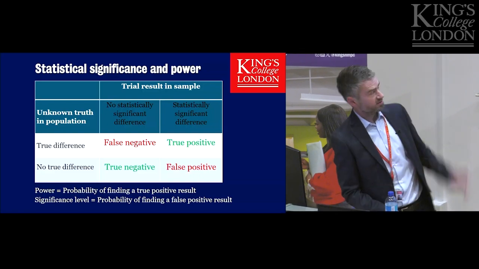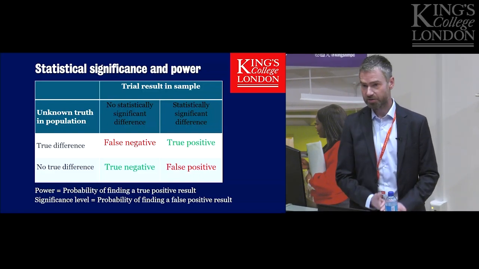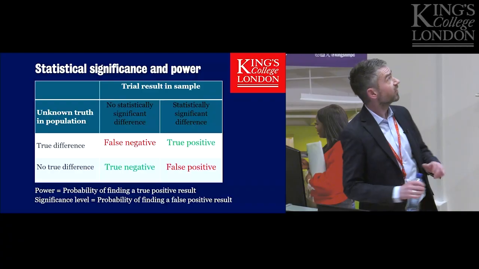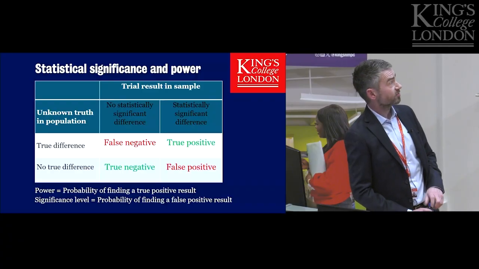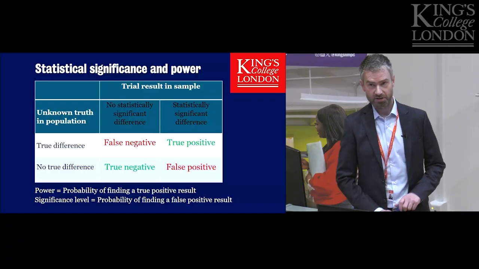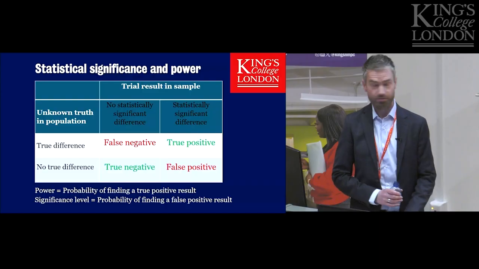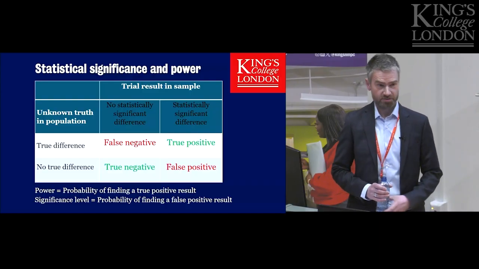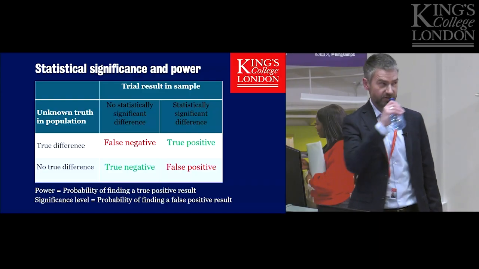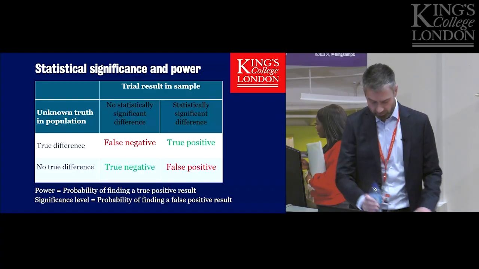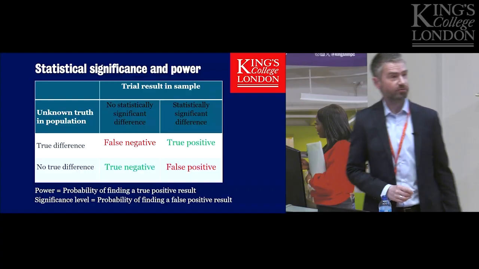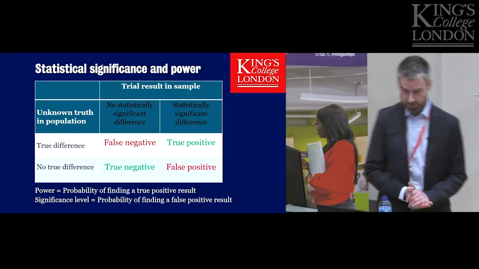But down the side is the unknown truth whether this treatment works or not in the whole population. And so there either is a true difference in quality of life between these treatments, or there isn't. So that gives us four possibilities. Four possible conclusions. So we've got two that are correct, potentially.